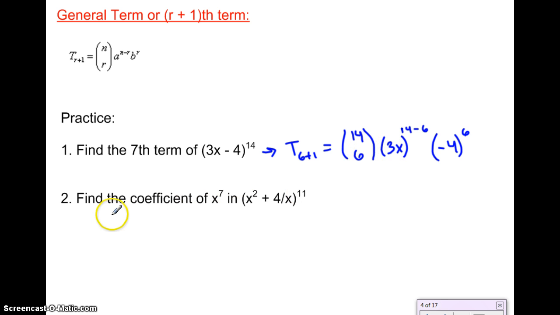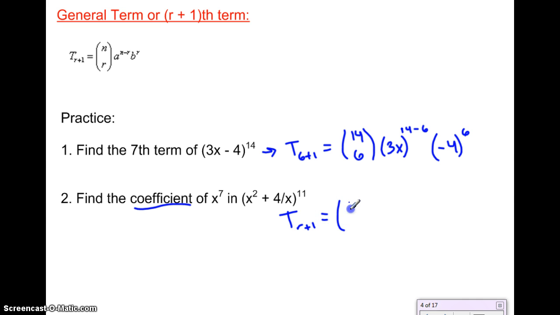So for example, in number 2, when it says find the coefficient of x to the 7th. What we really want here is, we're not quite sure which term we're talking about, but we do know that we want the x to be raised to the 7th power. So this one's a little different in how we're going to set it up. Since we're not sure what term it is, we're going to keep r as r so we can figure out what term we're talking about.